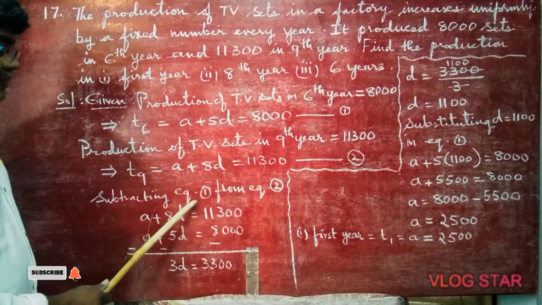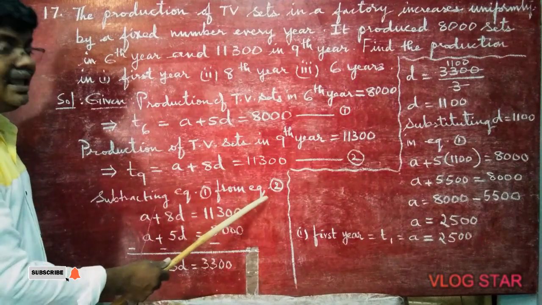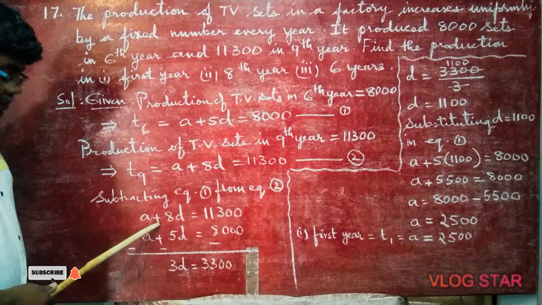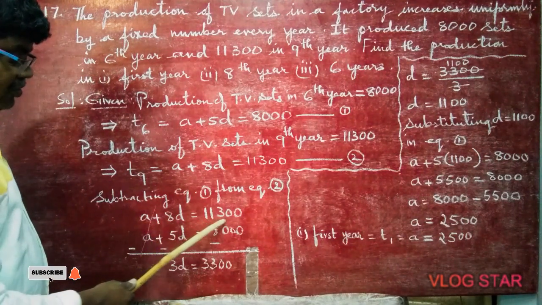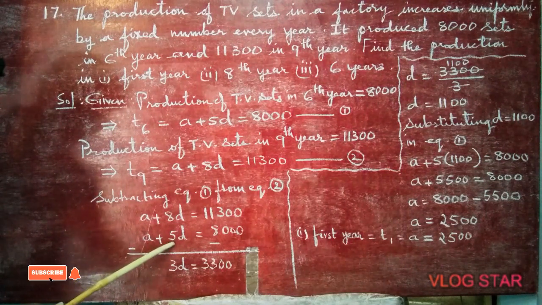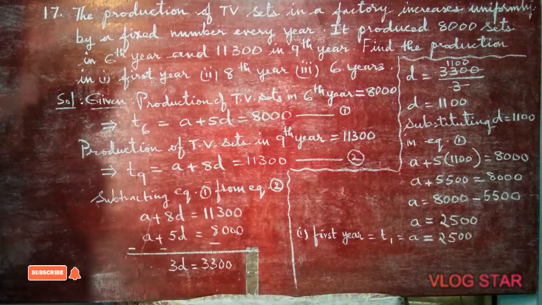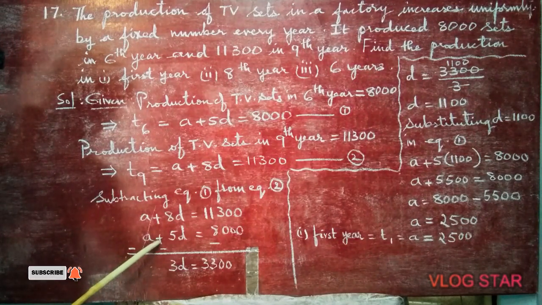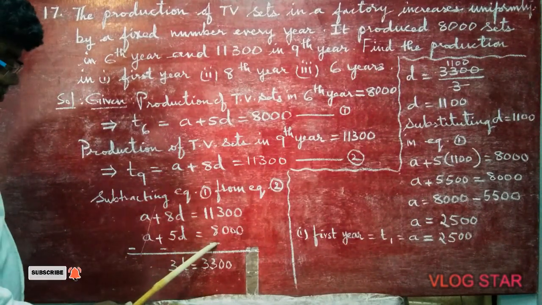Now subtracting equation 1 from equation 2. First write equation 2: a plus 8d is equal to 11,300. And the first equation is a plus 5d is equal to 8,000. When subtracting, plus becomes minus, plus becomes minus, plus becomes minus.